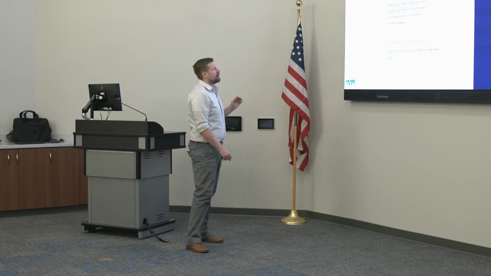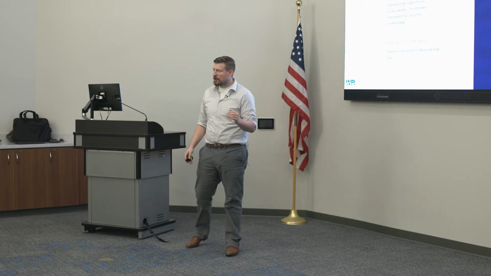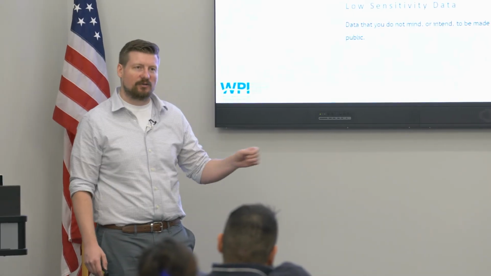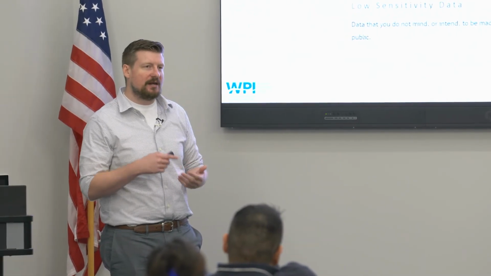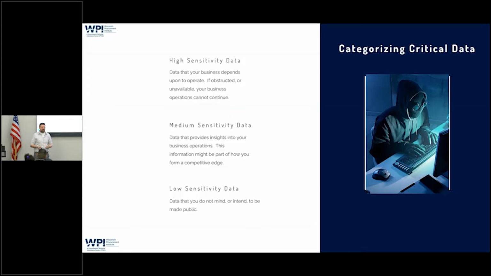Next is the medium sensitivity. These are things that aren't typically super critical and you tend to pass around and use, but they provide insight into how you operate. They give you ideas, or they could give someone from the outside looking in, who's trying to run an analysis on you, a sense of how they talk, what their flow is, what their process begins to look like, what it feels like.